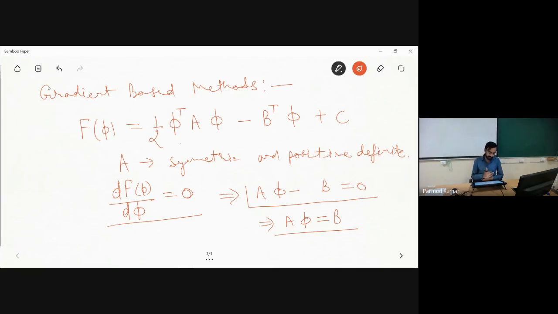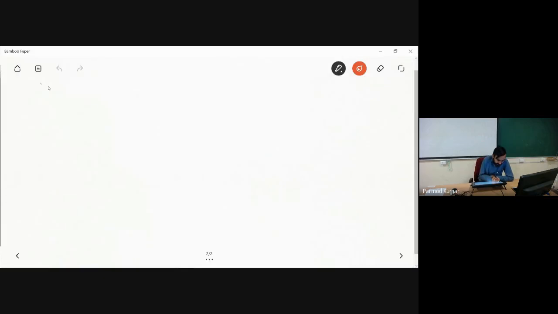That direction improves the convergence rate of the solver. So this is the basic concept related to gradient based methods. Now there are some specific methods which we can employ to find the solution for a system of equations. The first gradient based method we will talk about is the steepest descent method.